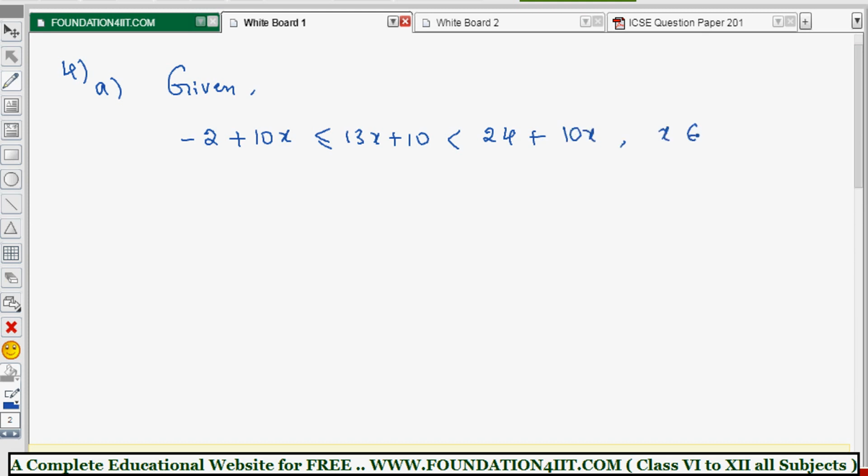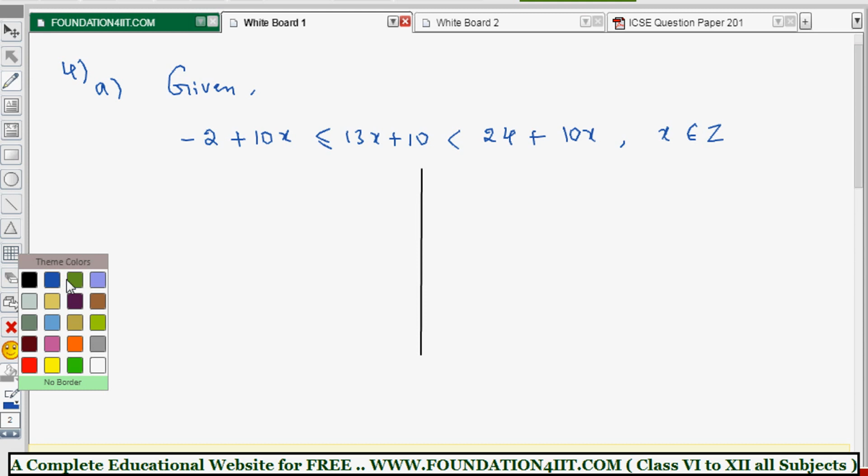Here x belongs to Z, so that is integers. Whenever the question is like this, you take the first two as one set. You can take it in two ways. We'll solve separately. Okay, let me take this first.